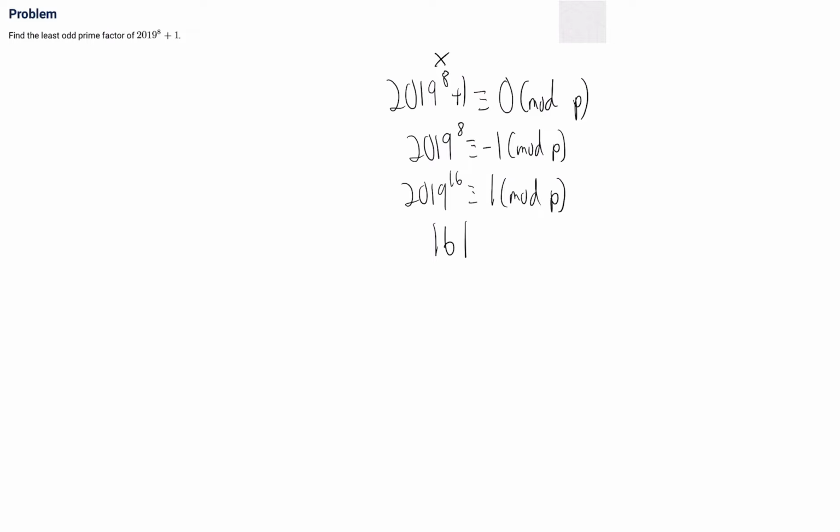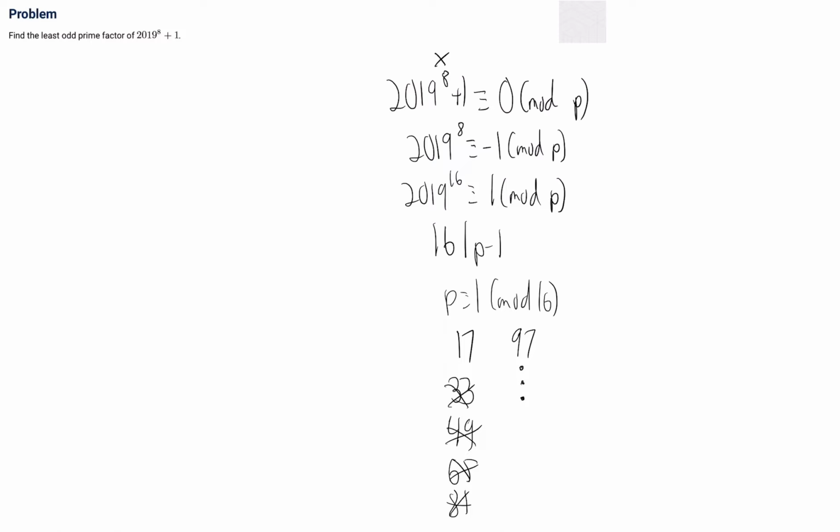And phi of p is p minus 1, so then p is 1 mod 16. Aha! Let's write out the first few values. 17, 33, but that's not a prime. 49, but that's not a prime. 65, not a prime. 81, not a prime. Then 97, and so on.